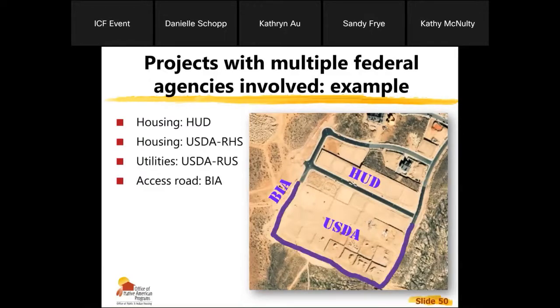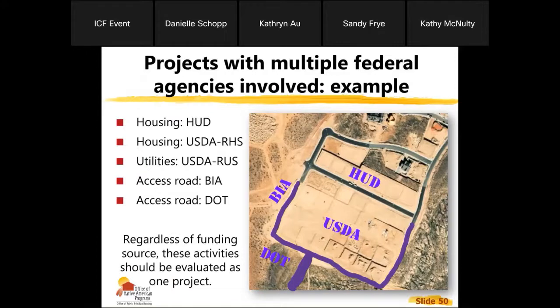Maybe BIA is throwing in money for roads, and then DOT might be connecting that to the highway. Again, not the most realistic thing in the world, but in case you ever had something similar to that, or even if you just had 2 or 3 agencies involved, regardless of the funding source, these activities should be evaluated as one project.